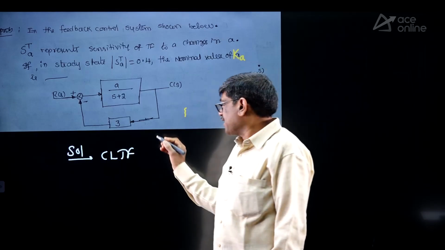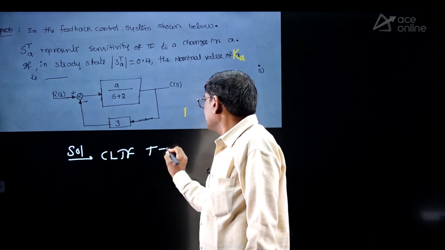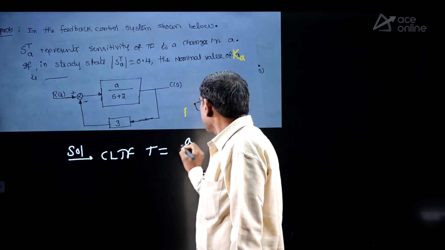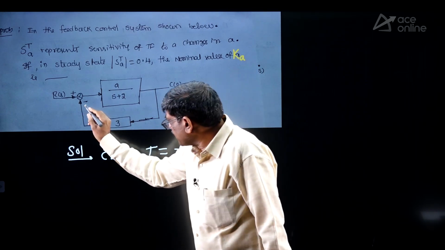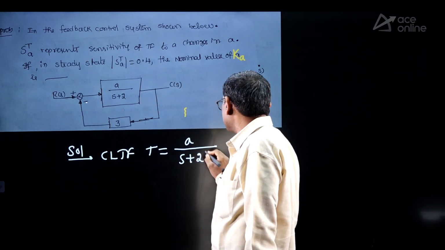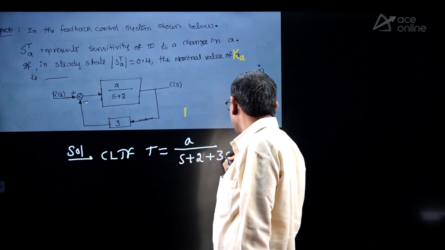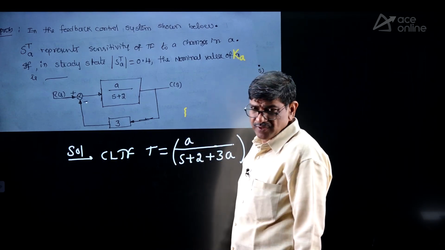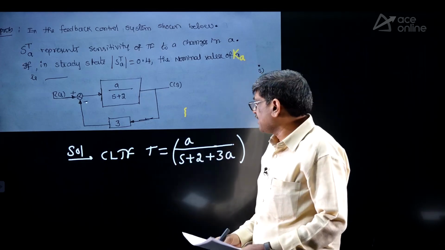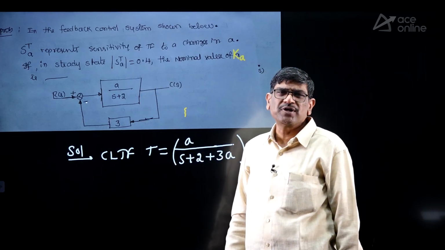What is the closed loop transfer function? Tell. T equals A by S plus 2, opposite sign of feedback. Minus means plus. Numerator product with feedback gain 3A. This is the closed loop transfer function. You have to find S_A^T. In steady state means put S equal to 0.